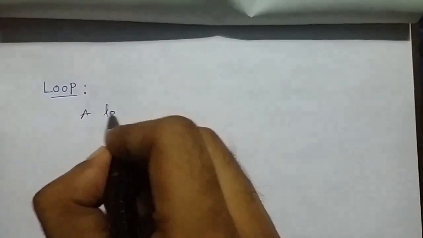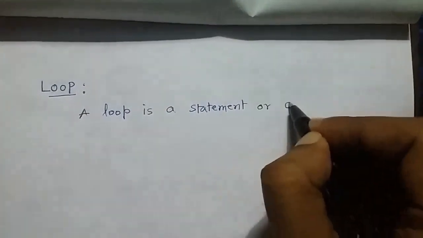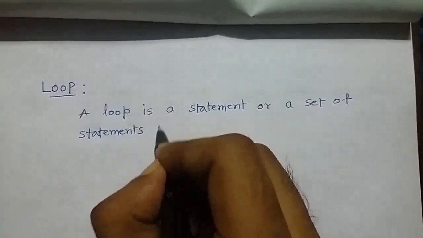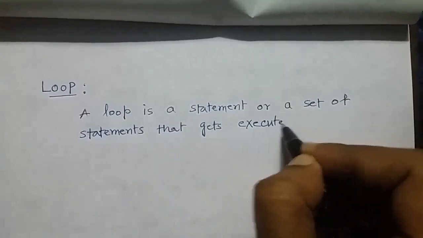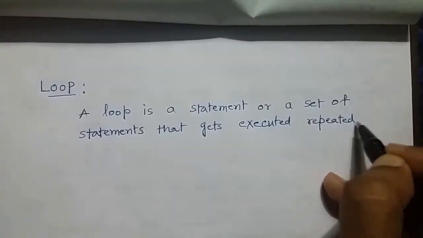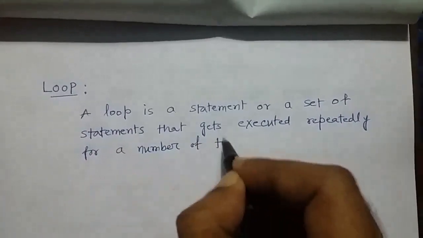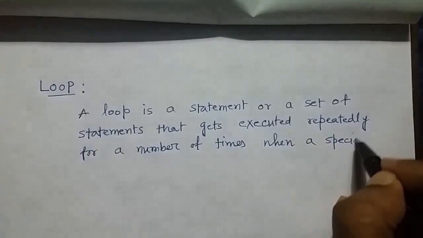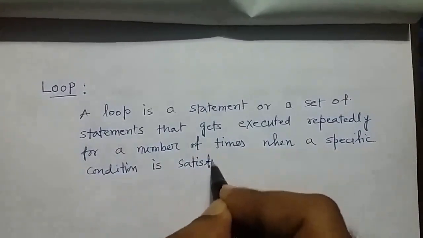So the conventional definition of a loop will be: a loop is a statement or a set of statements that gets executed repeatedly for a number of times when a specific condition is satisfied.